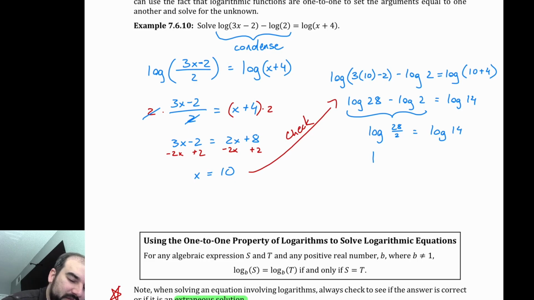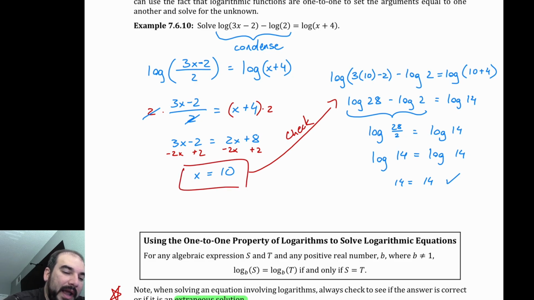And 28 divided by 2 is 14, so log of 14 equals log of 14. And 14 equals 14. I'll put a check mark next to that, and then we'll go back and box our answer of x equals 10.